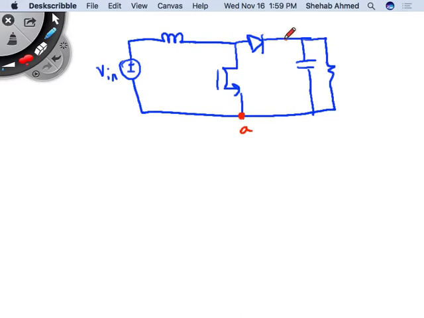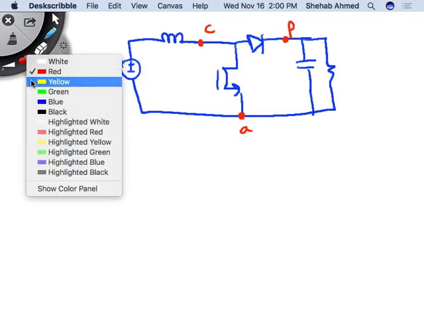The terminal next to the diode is the passive. And this one is my common point. But the polarities are a bit confusing because the polarities here are going to be flipped, all of them. The polarity in the books, I have to assume that the polarity in the buck converter was the positive polarity, the polarity for the active, passive, and common. And we'll see what I mean here by polarity.